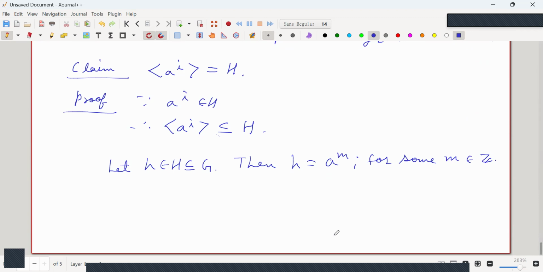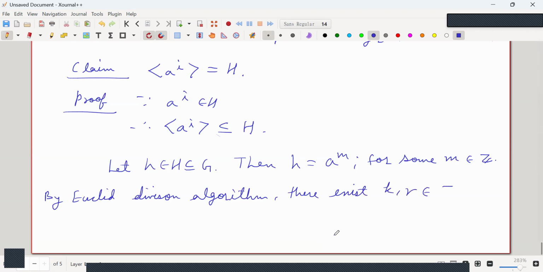Now, by the division algorithm, or Euclid's division algorithm maybe, there exist some integers k and r such that m is I times k plus r.